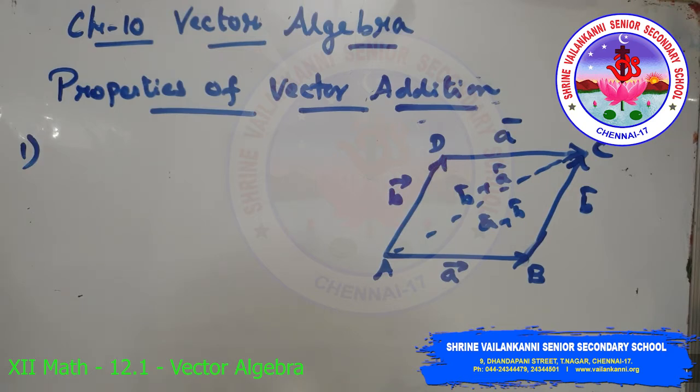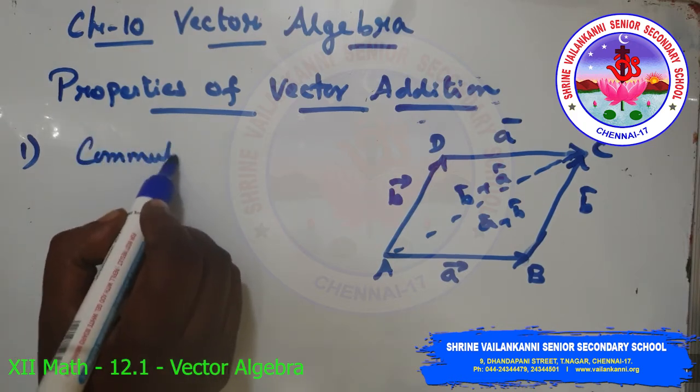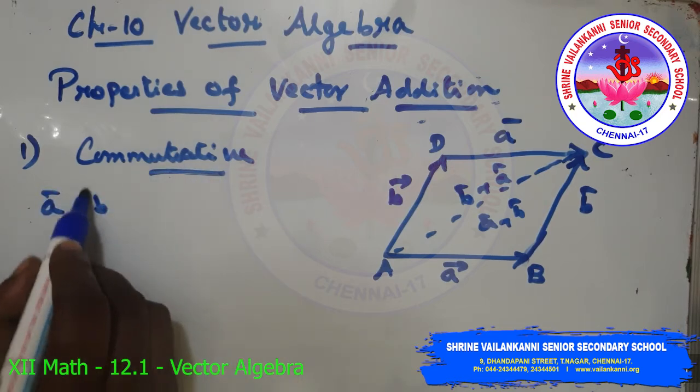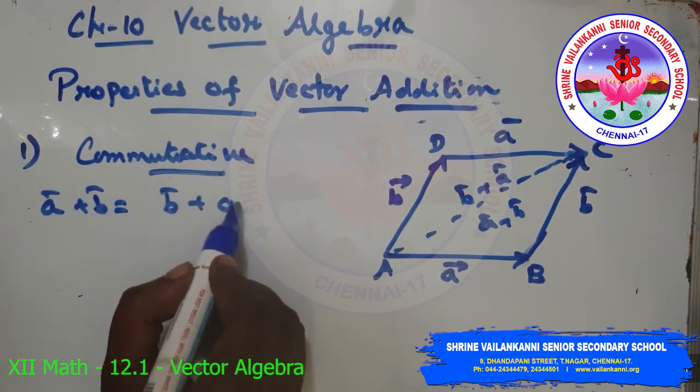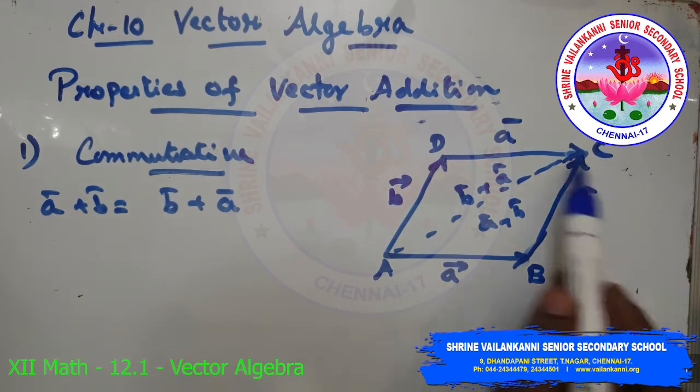Properties of vector addition. First property, for any two vectors A and B, A plus B equal to B plus A, that is the commutative law. Consider the parallelogram ABCD.